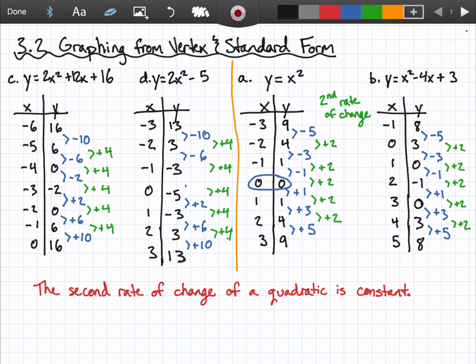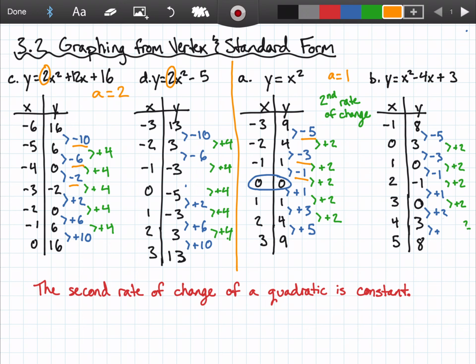And what I hope that you're realizing as you're looking at the equations is that C and D have an a value of 2, and A and B have an a value of 1. And it turns out that a value is what's determining the growth factor of the rate of change. So if you look at all of these numbers, -5 to -10, -3 to -6, -1 to -2, do you see how that rate of change just doubled based on the a value?